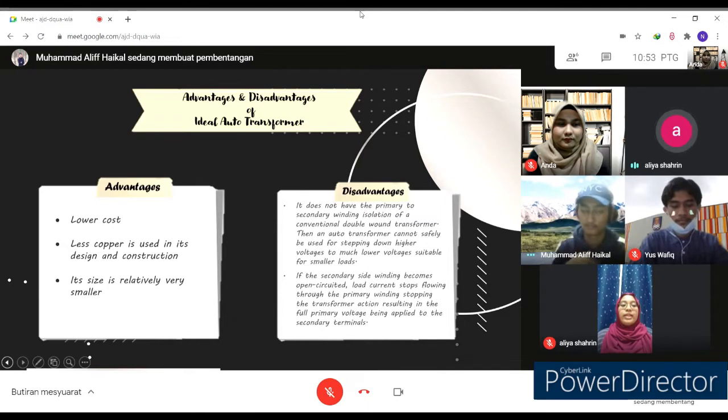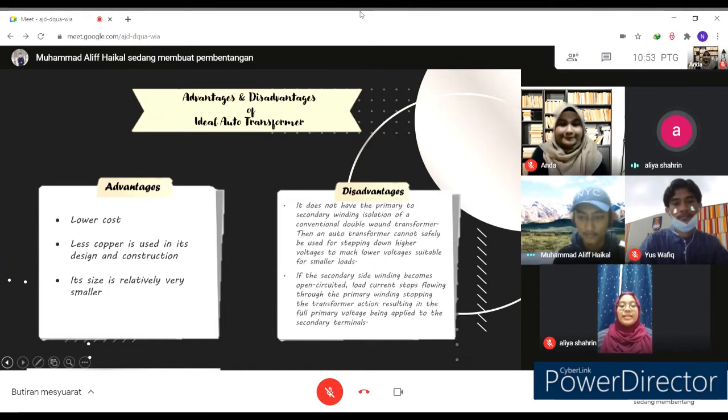For the disadvantages, it does not have the primary to secondary winding isolation of a conventional double wound transformer. Then, an auto transformer cannot safely be used for stepping down higher voltage. If the secondary side winding becomes open circuit, load current stops flowing through the primary winding, stopping the transformer action, resulting in the full primary voltage being applied to the secondary terminals.